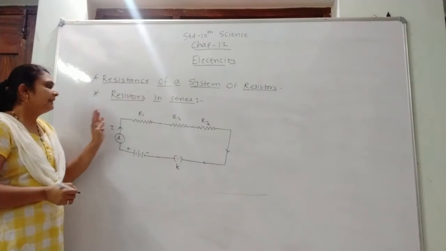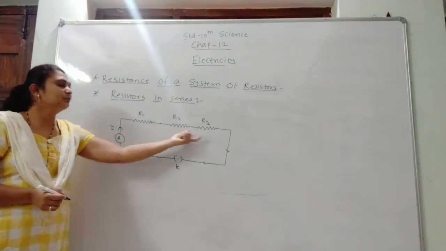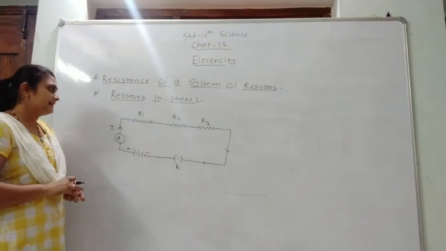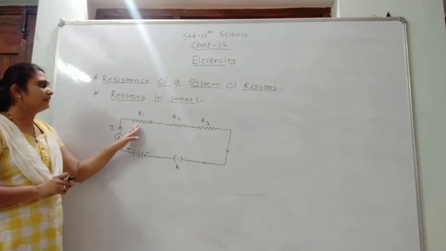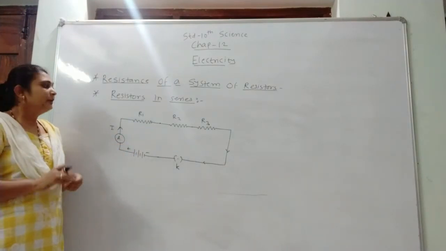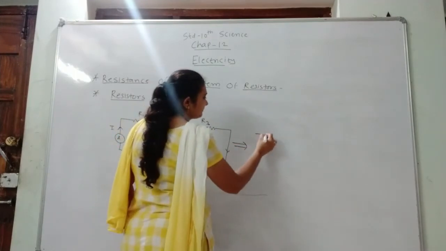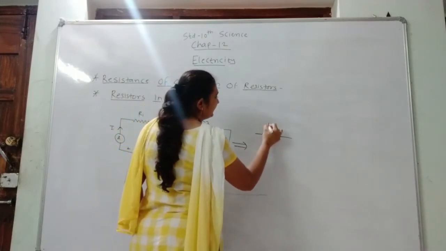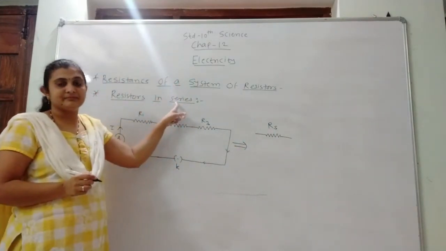Correct. Now in this circuit we have used R1, R2 and R3, three resistors. Now what is the equivalent resistor? In place of R1, R2, R3, we use only one resistor denoted by Rs, S for the series connection.